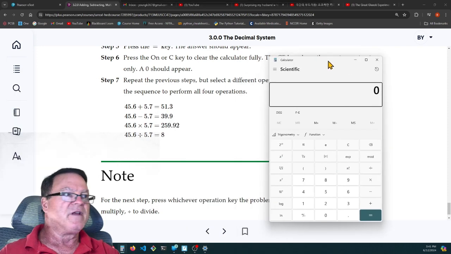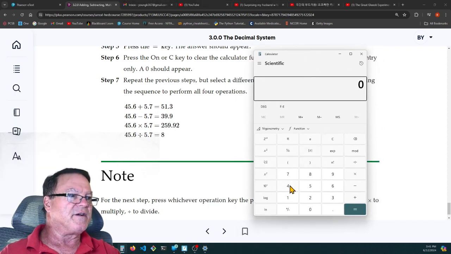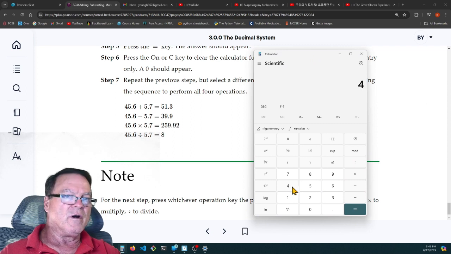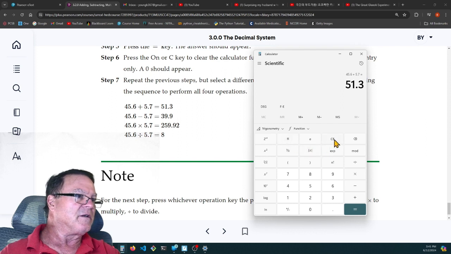So let me see if you can see my calculator. What they're saying here is we can do 45.6 plus 5.7, and then we'll hit the equals, 51.3. Clear. Now I'm going to do 45.6 minus 5.7 equals. Oh, yeah. What did it do to me? Let me do this again. I think it hit it twice.